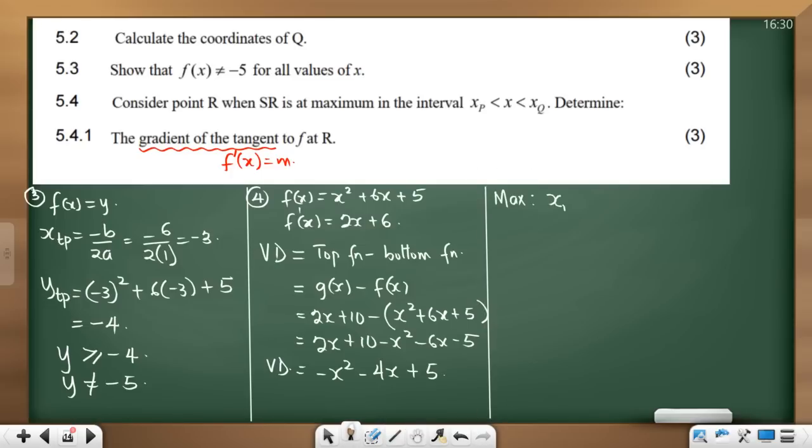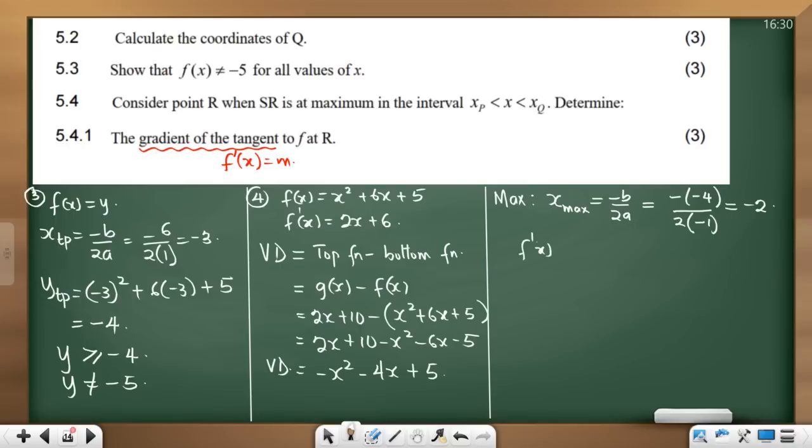We find the x value of that maximum vertical distance by saying minus b over 2a, or you derive and equal to 0. Minus, what's our b? Negative 4 over 2, negative 1, which is what? At negative 2. Sweet.